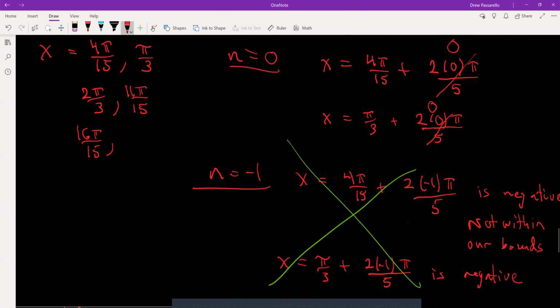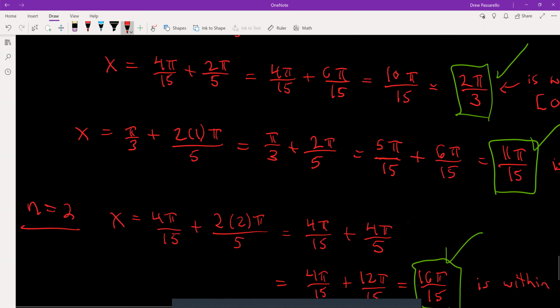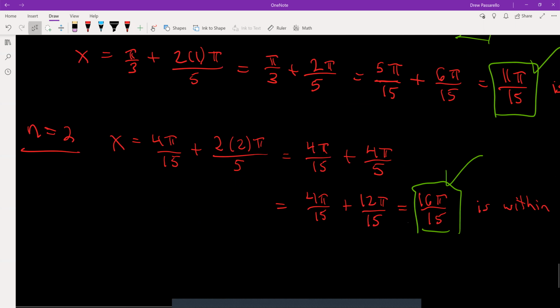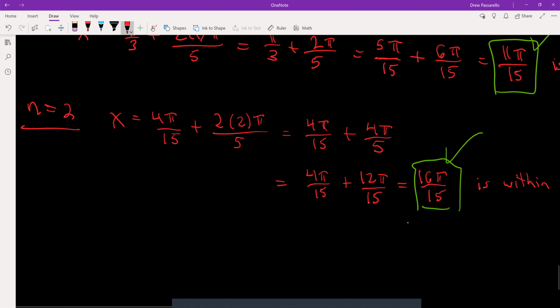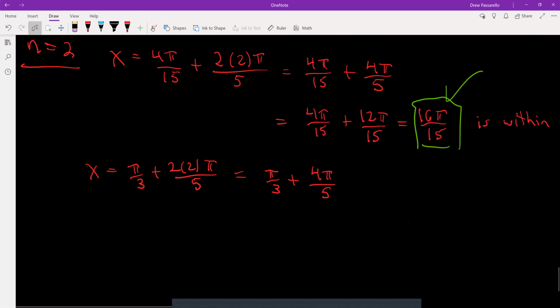And now I have to check it for the other one. So that was doing the case with 4 pi over 15. Now I need to check it for when it's pi over 3. All right, change these so they have common denominator.